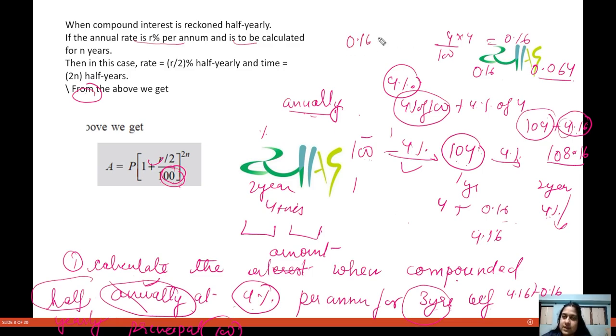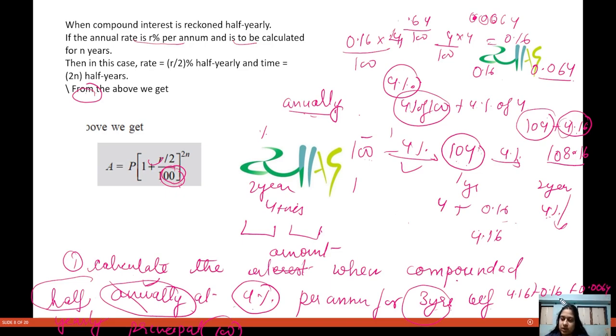Okay, 4% of 0.16 will be 0.0064, because 0.16 into 4 divided by 100 gives 64 divided by 100, and since there is already a decimal, it will be 0.0064.